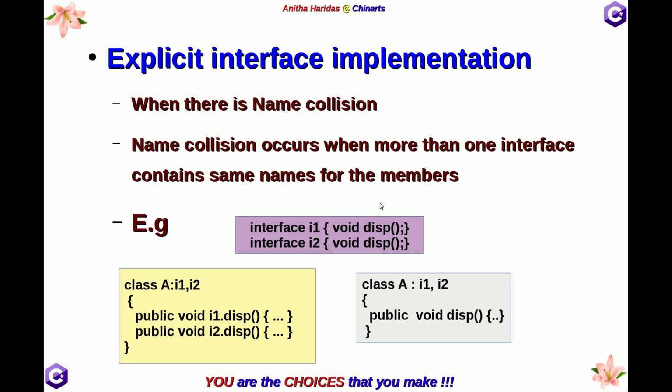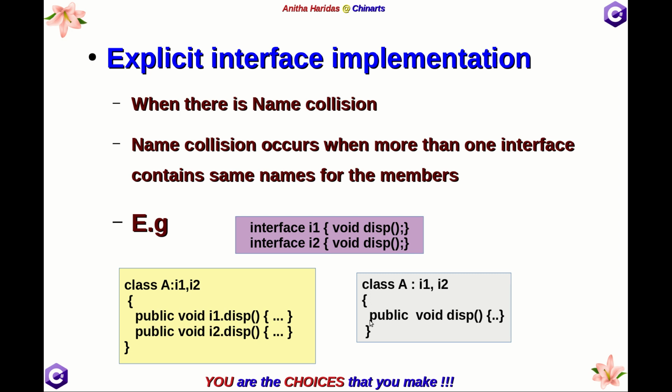For example, I am declaring two interfaces here, I1 and I2. Both are having a method called display, and this is also having a method name called display. Imagine you are declaring a class A and you are going to inherit two interfaces I1 and I2.